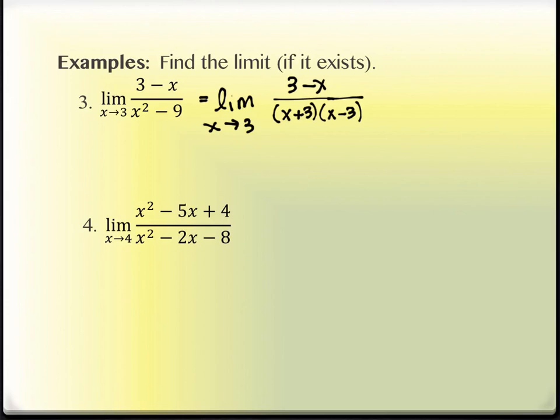So what does that mean? Well, it means that if I would have taken a negative out of the numerator, it would have been x minus 3 as well. So if I pull a negative out of the numerator, I get that x minus 3 and the x minus 3's match. It's not the only way to think about it, but it's a pretty decent way. You can cancel the x minus 3's and you get a negative 1.